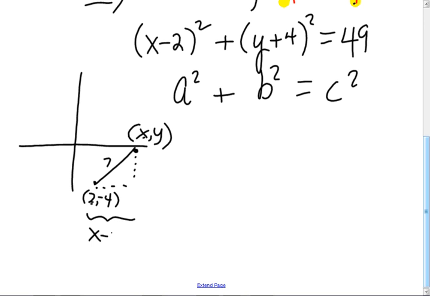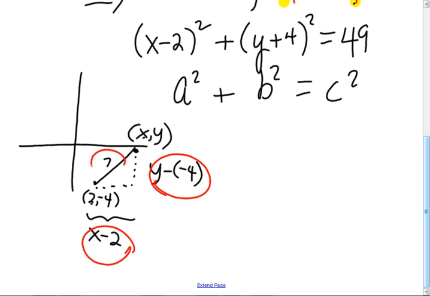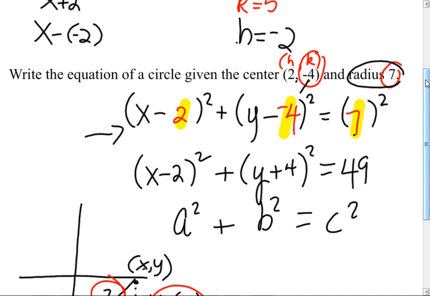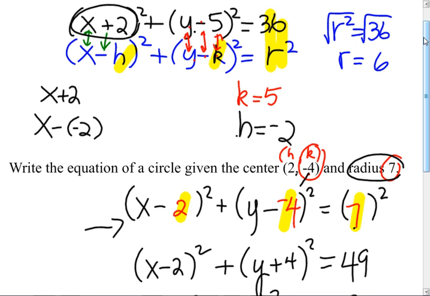This length here on the y's is y minus a negative 4. Pythagorean's theorem says that side squared plus that side squared equals that side squared. It's all Pythagorean theorem. I could have just said a squared plus b squared is c squared and given you all this time to do the homework, because that's all it is. So this is an important formula to remember, the equation of a circle. But it's just Pythagorean theorem.